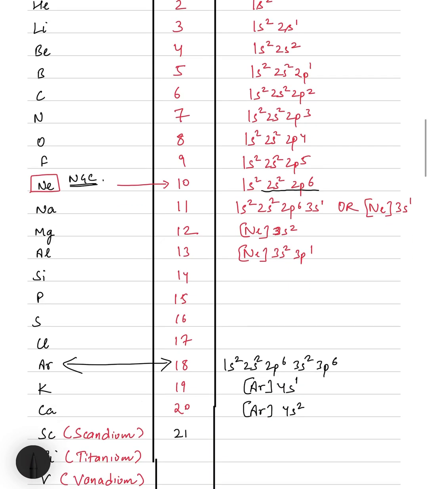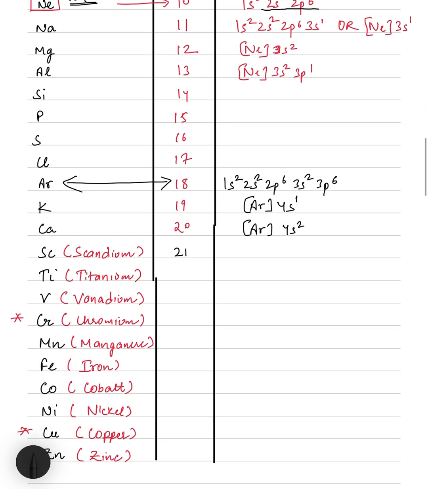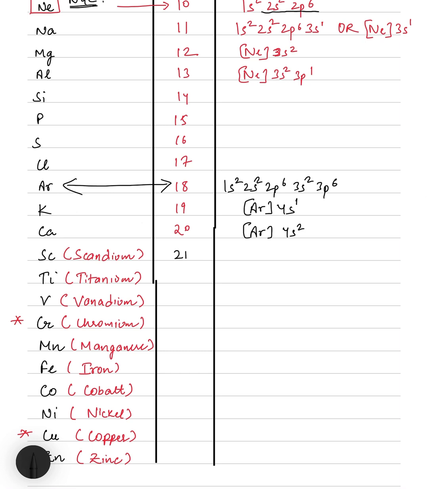So in the case of scandium, it will be Ar 4s2 3d1. Then titanium, it will be Ar, argon, 4s2 3d2. Vanadium, it will be atomic number 23, so it will be argon 4s2 3d3.